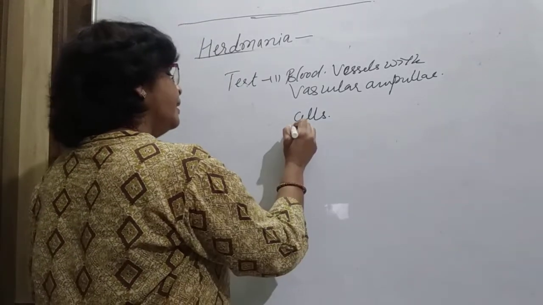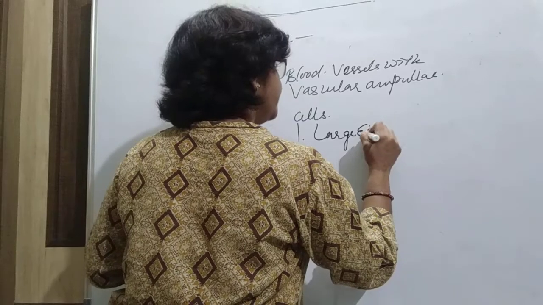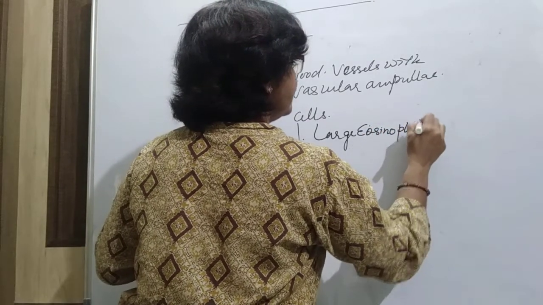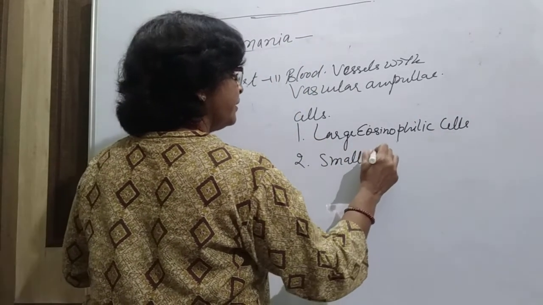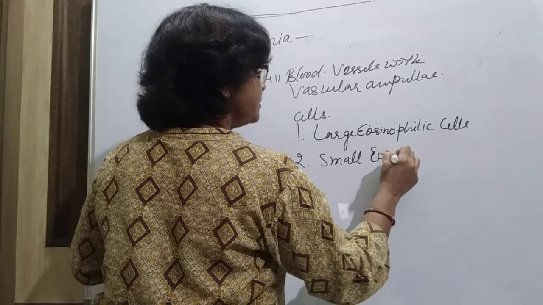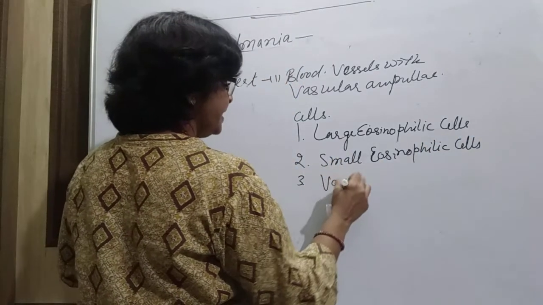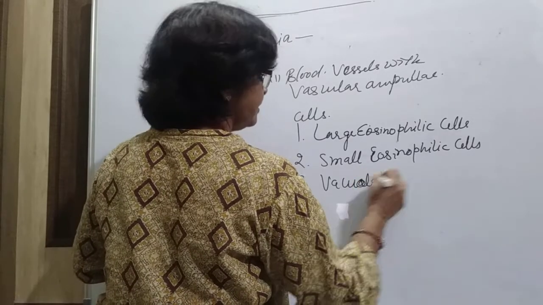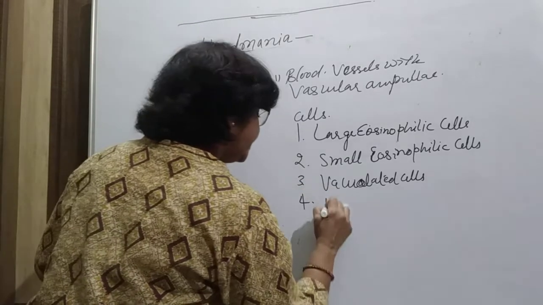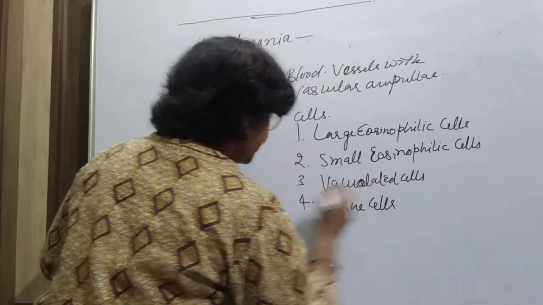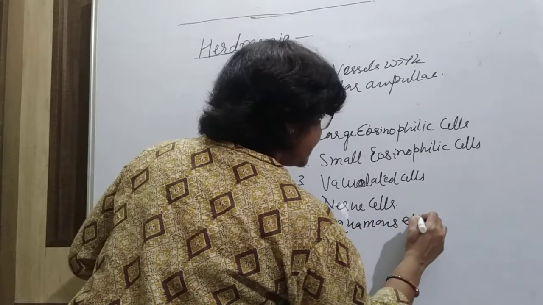If we see, there may be large eosinophilic cells, then small eosinophilic cells, then we have seen vacuolated cells, then we have seen the nerve cells, then squamous epithelial cells.